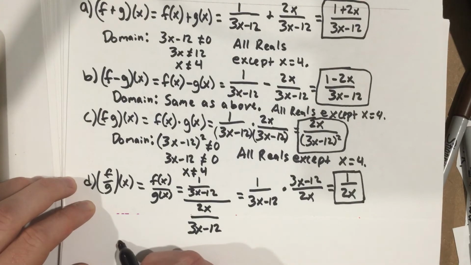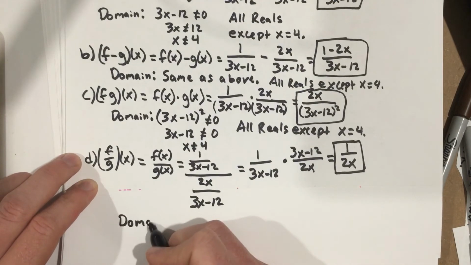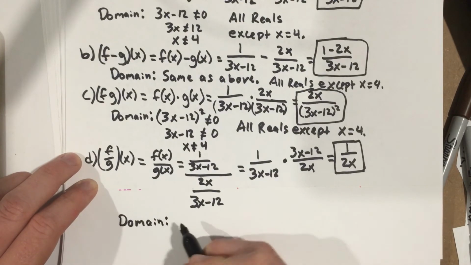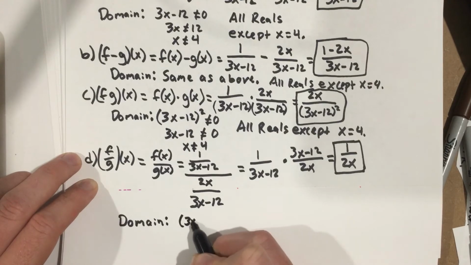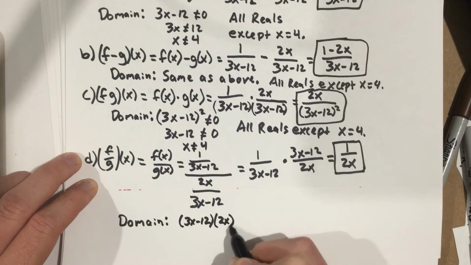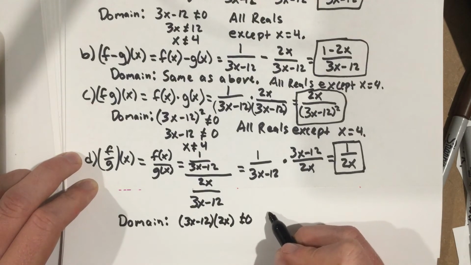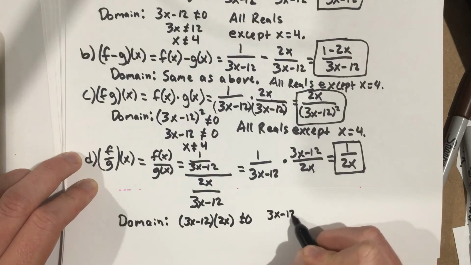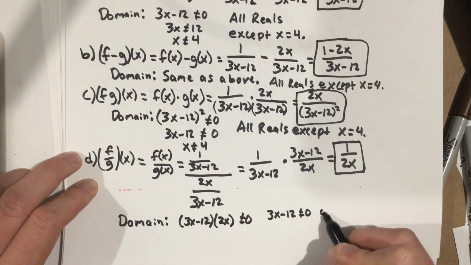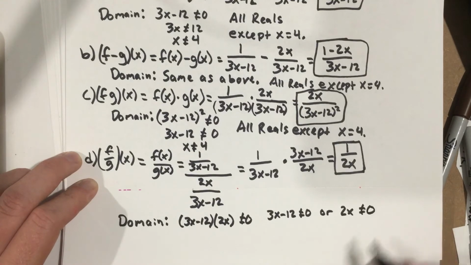So we're going to say our domain is going to be 3x minus 12 times 2x cannot equal 0. We're going to use the zero product property, so 3x minus 12 cannot equal 0, or 2x cannot equal 0.